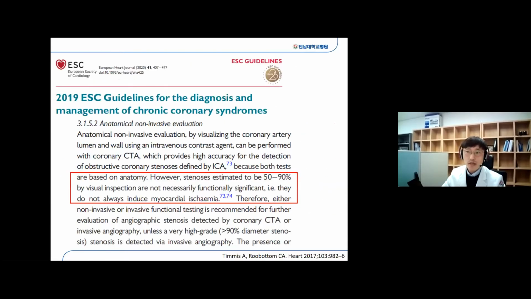So the most recent European Society of Cardiology guidelines do not recommend cardiac CTA as the first-line study. Here, they clearly describe that stenosis estimated to be 50 or 90% of the reference diameter on cardiac CTA is not necessarily functionally significant, so it can be not inducing myocardial ischemia, actually.